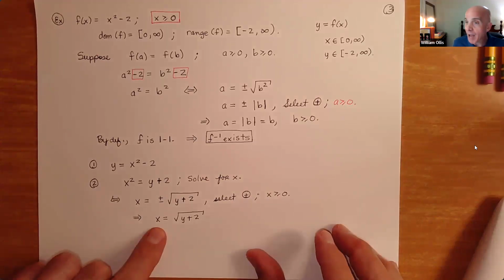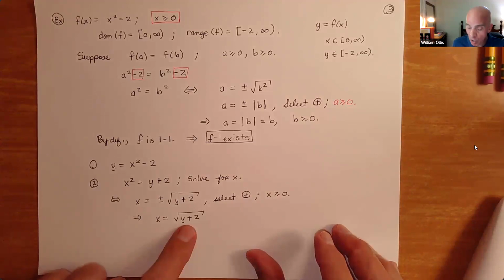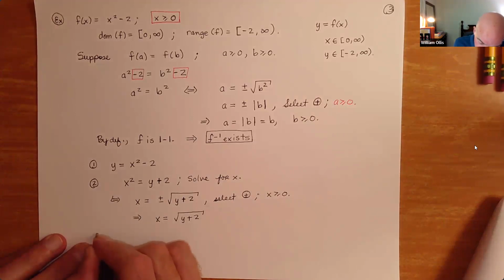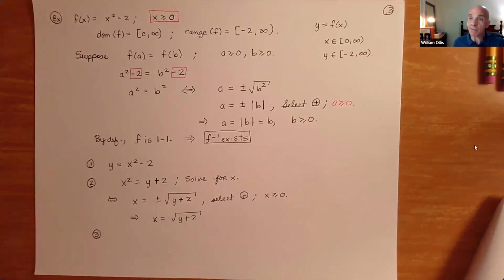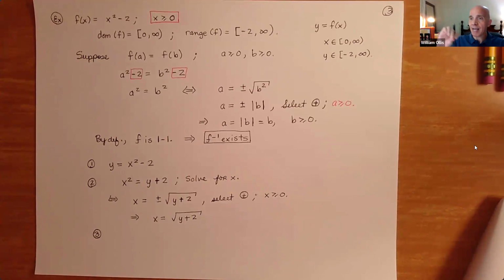So once we have isolated x, that is, we've solved for x in terms of y, we can now do the interchange. So if you want, you could think of this as the inverse function in terms of y, that is the reverse path. But in order to get the reflective property, that is in the line y equal x, we need all of our functions to have the same independent variable.